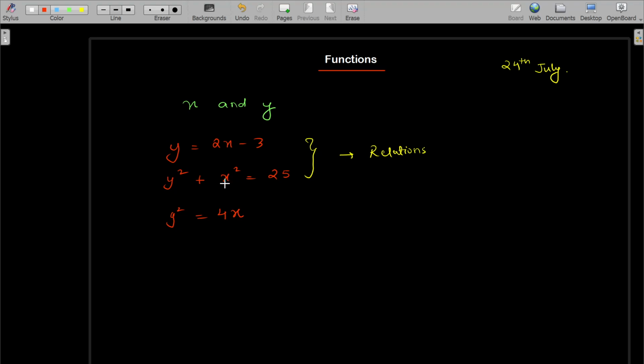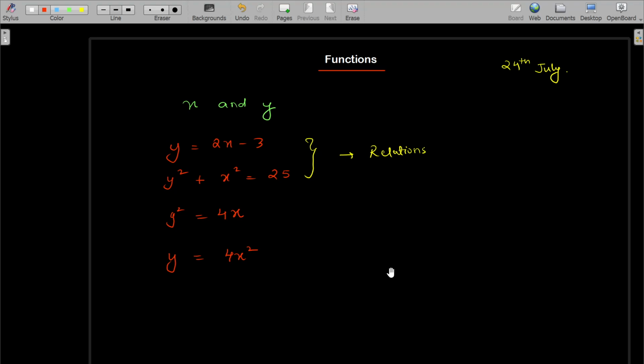The x term can have a square on it. For example, if you have y is equal to 4x square, in this one you have x square but y is not squared. This is a function. Now we need to understand why y square makes it a non-function relationship.